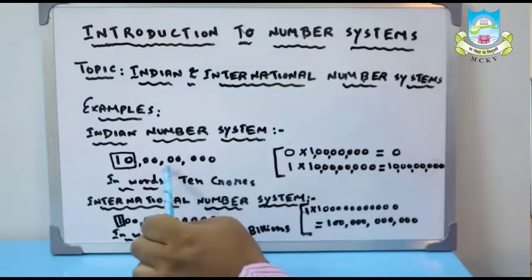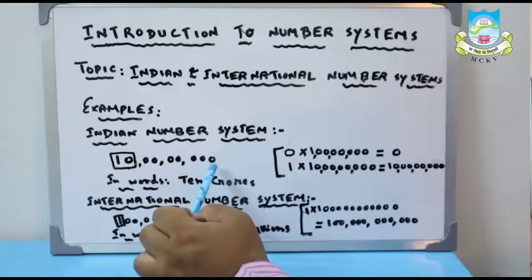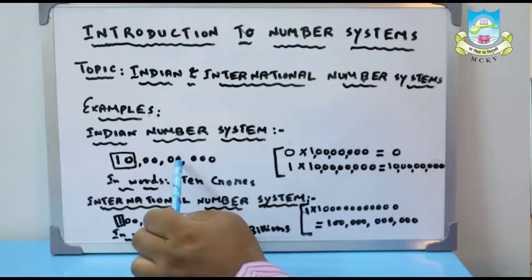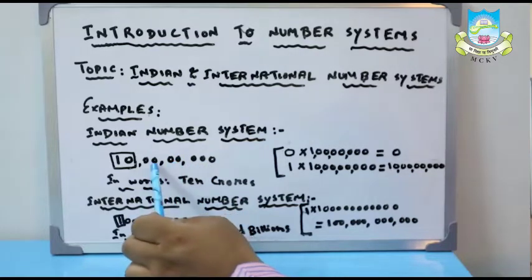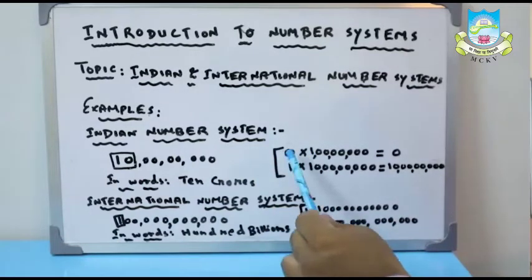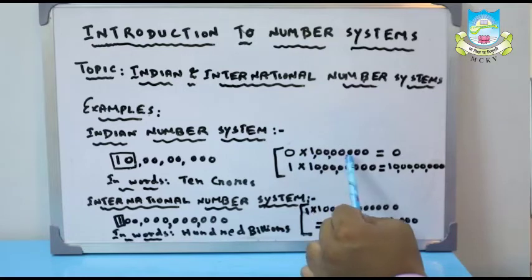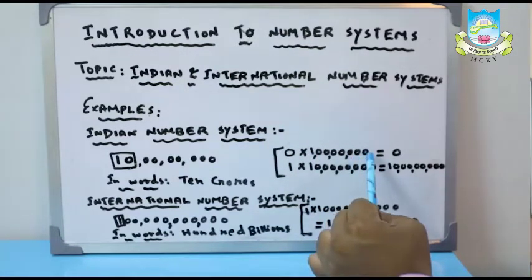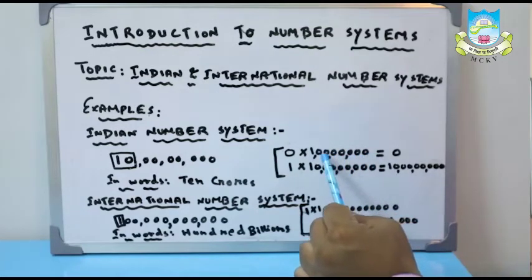The position it occupies in the number is, let us read from the right-hand side: ones, tens, 100, 1,000, 10,000, lakhs, 10 lakhs, crores. Now let us multiply the face value 0 with the place value. What is the place value? The place value is 000000001.